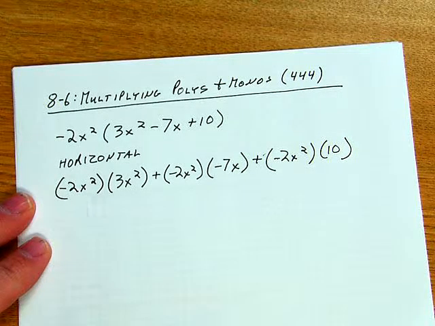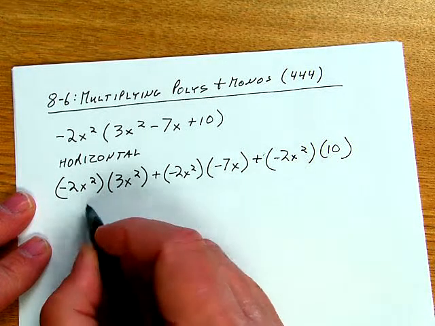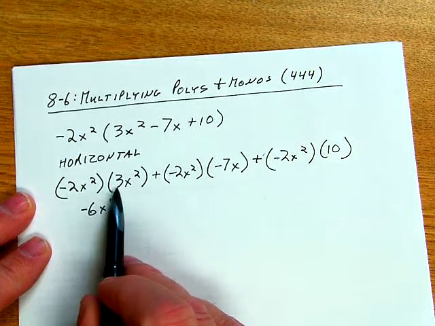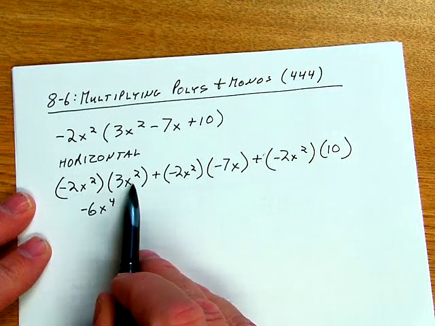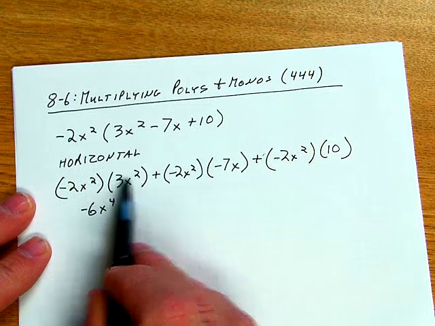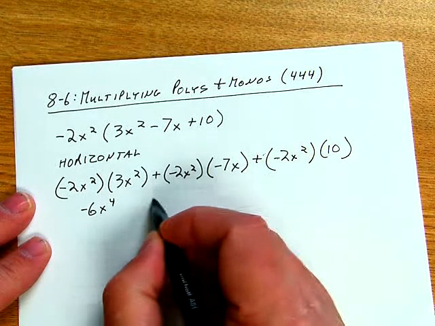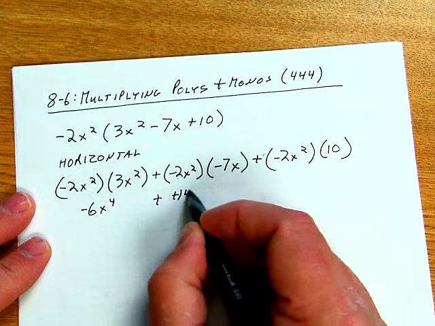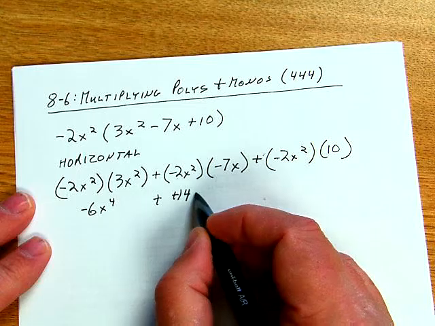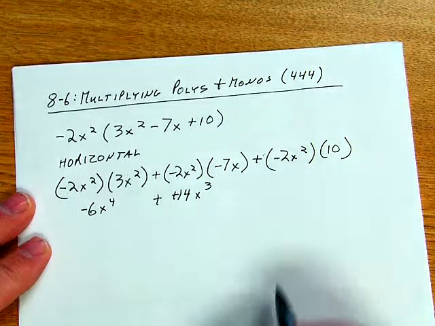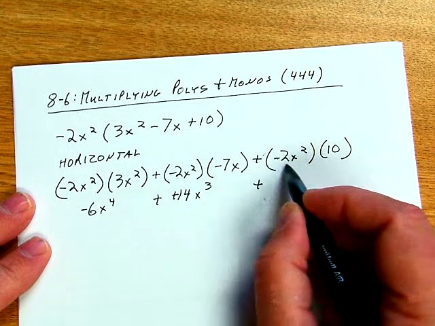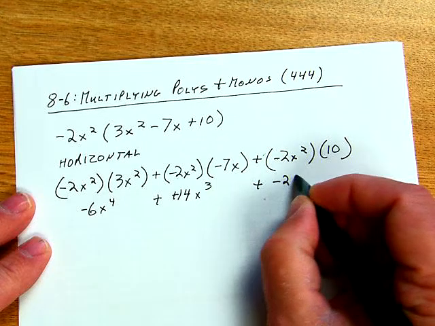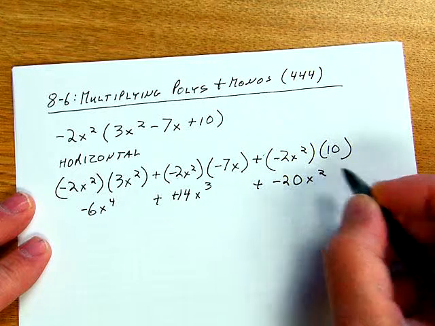And then you go ahead and do the multiplication. This one is negative 6x to the fourth. Remember, multiply the coefficients and then multiply these base powers by adding the exponents. Plus negative 2 times negative 7 is positive 14, x squared times x to the third, and over here negative 2 times 10 is negative 20x squared.